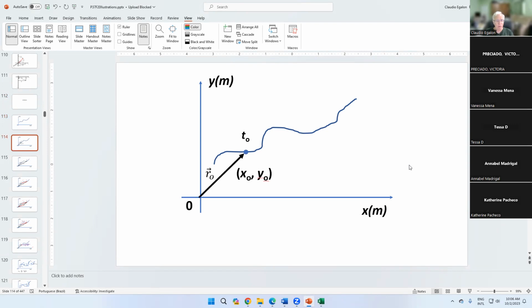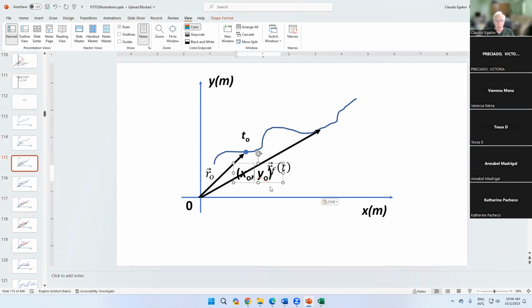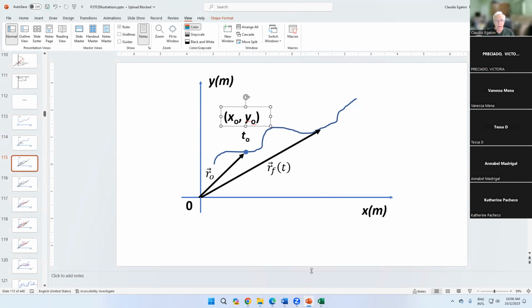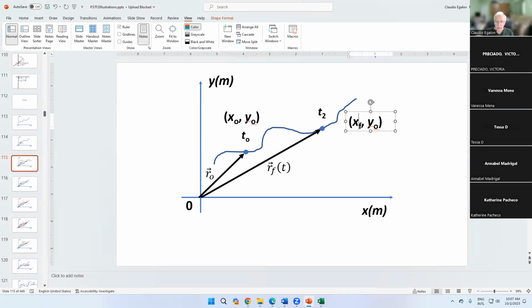Then we have this initial position, x naught, y naught, and a final position vector that also has coordinates, xf, yf.